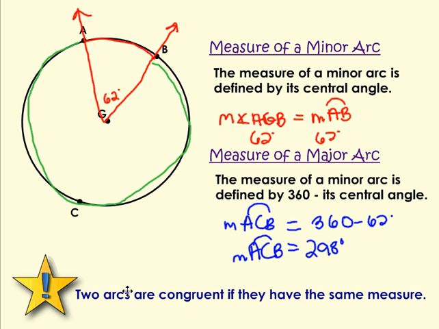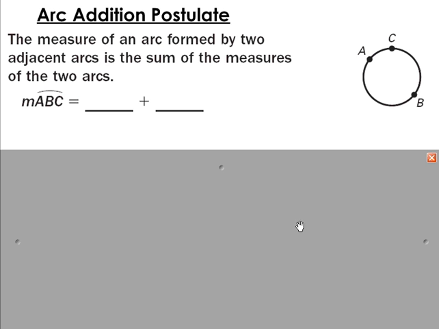Just like segments, two arcs are congruent if they have the same measure. And also like segments, where we had a segment addition postulate and an angle addition postulate, now we have an arc addition postulate. Similarly, it says that the measure of an arc formed by two adjacent arcs is the sum of the measures of the two arcs.